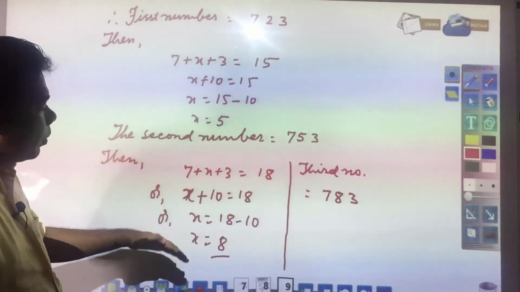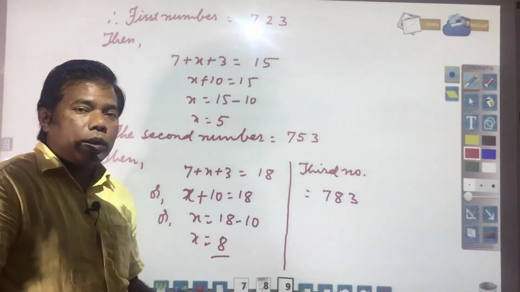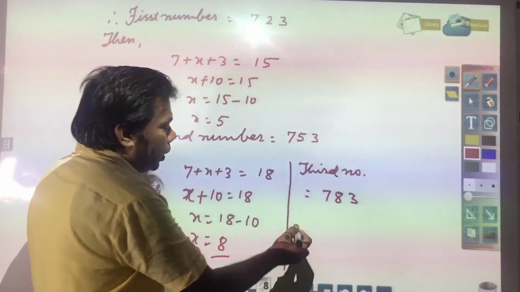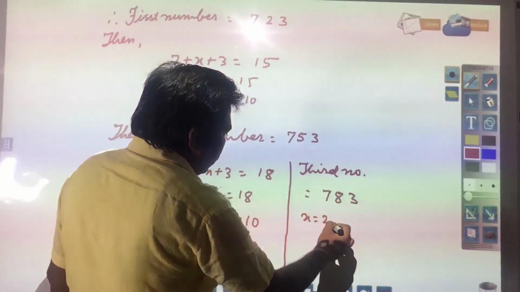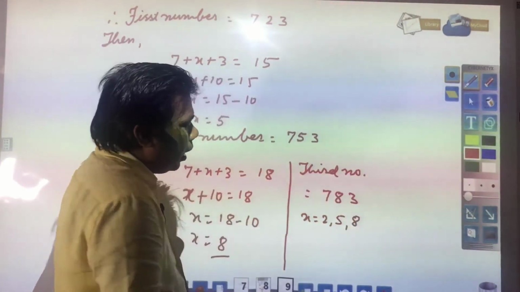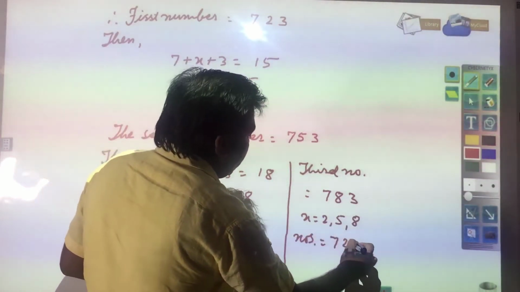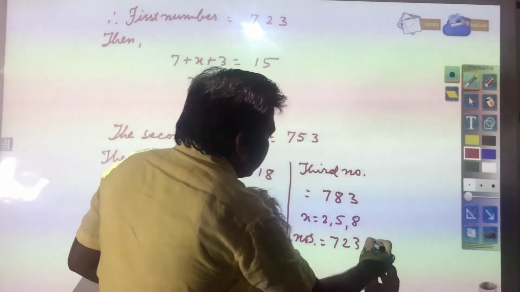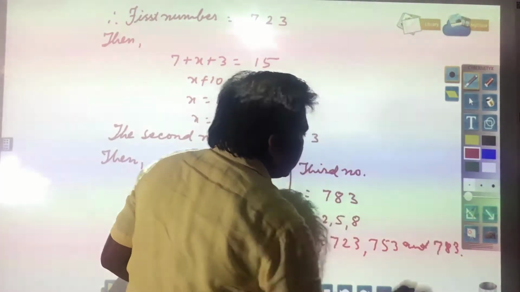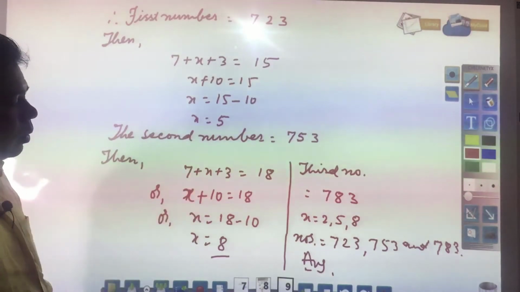So, in this way, more than 8 we cannot put, because that will become a 2-digit number. So, up to here you have the answer: x is equal to 2, 5 and 8, and your numbers will be 723, 753 and 783, and this is your answer. So, in this way I hope you understood. In this way this is required to be solved.